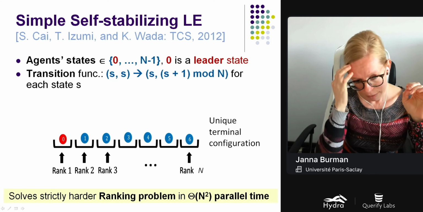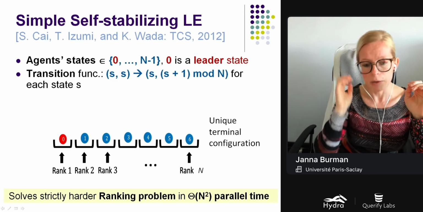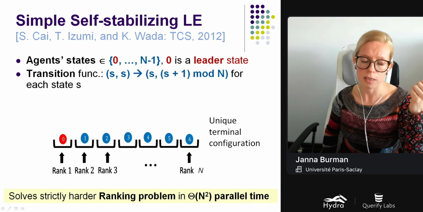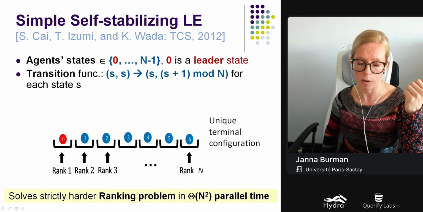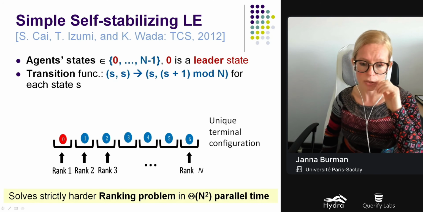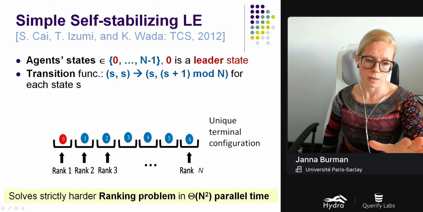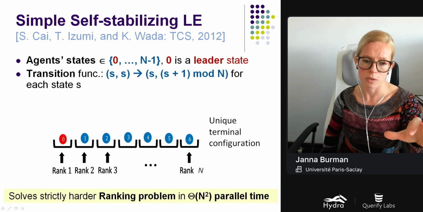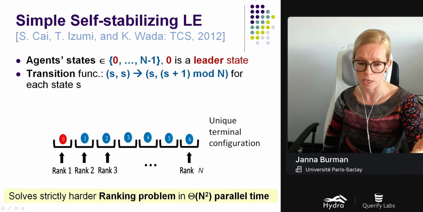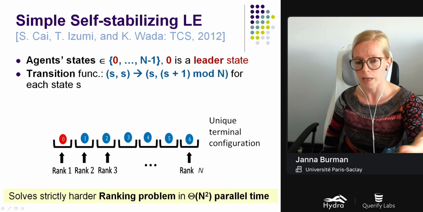Okay, and now I will show you another protocol that solves the same problem and also the ranking problem, but in logarithmic time. Okay, so remember that also in this algorithm we made a sort of naming of our agents and also a ranking.